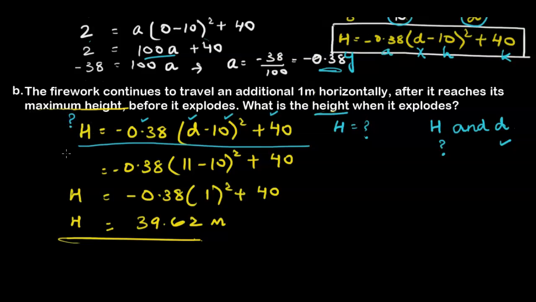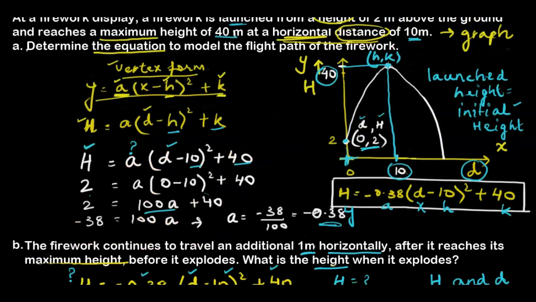Once we have d substituted in there, we would be left with only the height to solve for. Now for distance, they have given us this information: the firework continues to travel an additional 1 meter horizontally after it reaches its maximum height. That means the firework keeps traveling for the next 1 meter, which is 11 meters on the x-axis.